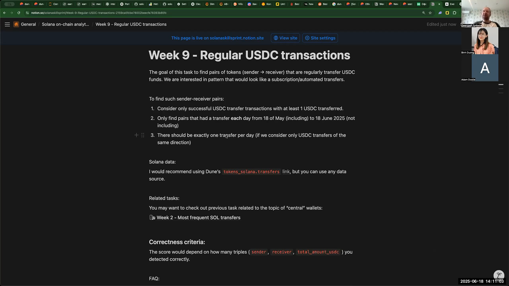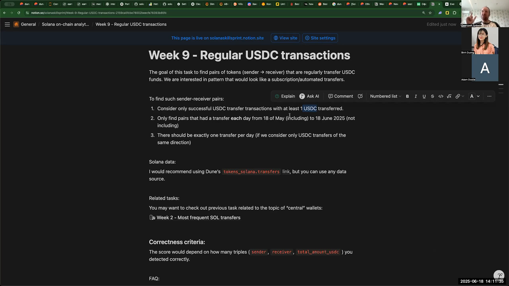For this query, we want to find the wallets that are doing transactions in the same direction, of a significant amount, more than one USDC, and each day the transaction is going. For example, there could be some share for fees, or it could be a fixed amount.